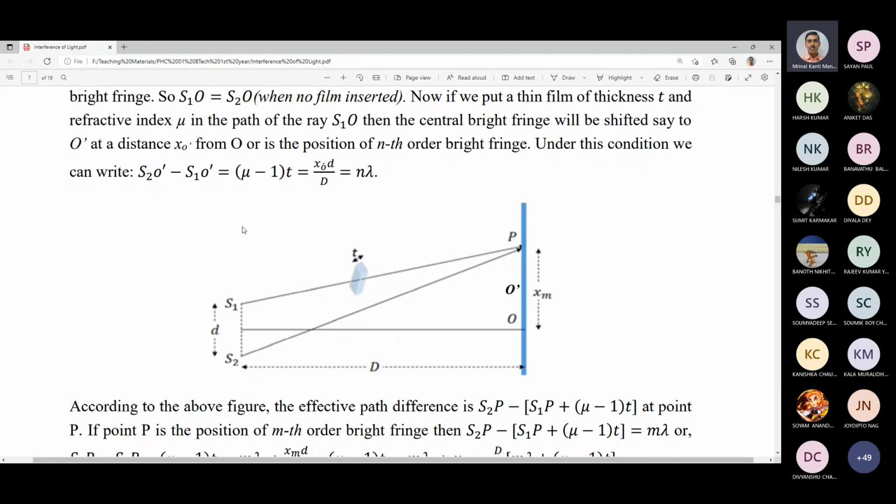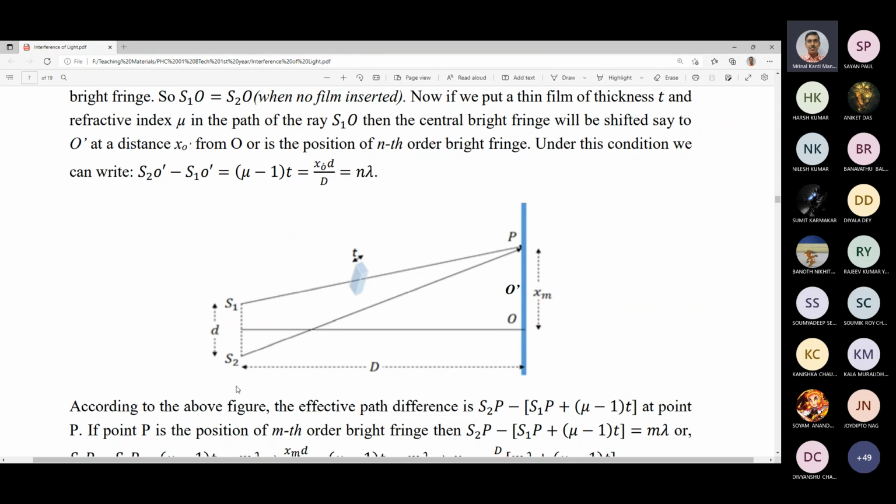Now under this condition, without the film, the path S1O is equal to S2O. But in the presence of the film, this path is extra compared to the other path, S2. That means the central spot will be shifted to somewhere in this position.